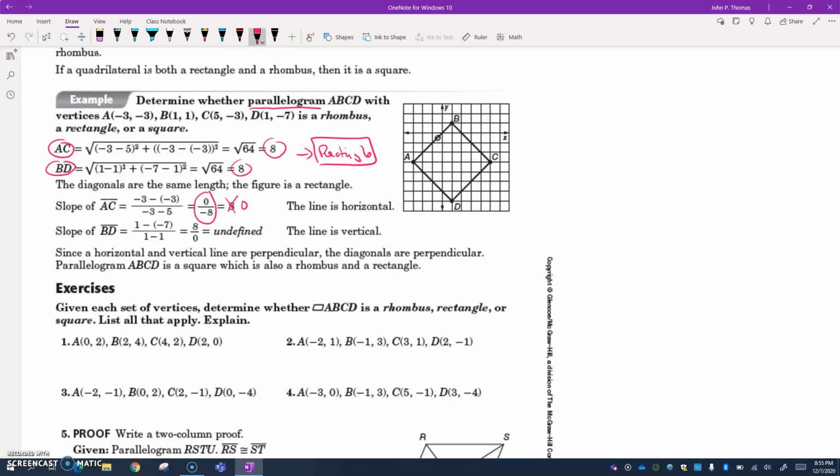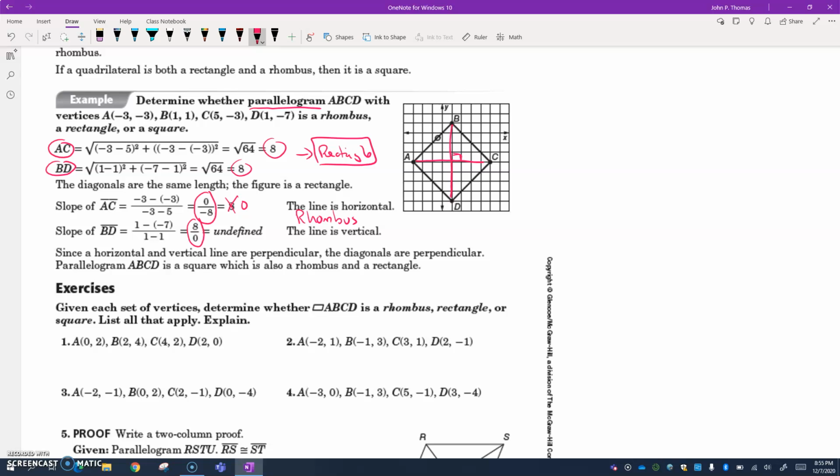The other one was 8 over 0. Those are opposite reciprocals. One's a vertical line, one's a horizontal line, if I was to draw those in on the picture. So we end up with opposite reciprocals, or perpendicular lines. So this section gives us a rhombus.